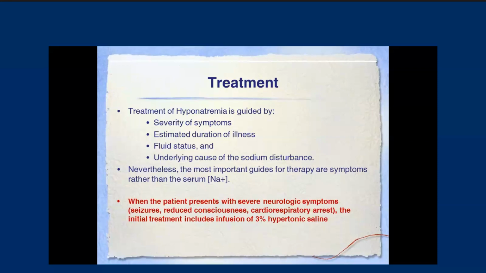So when a patient presents with severe neurologic symptoms like seizure, reduced consciousness, with signs and symptoms of cerebral edema and herniation, the initial treatment with 3% hypertonic saline is indicated.